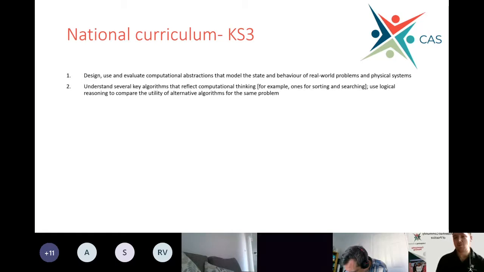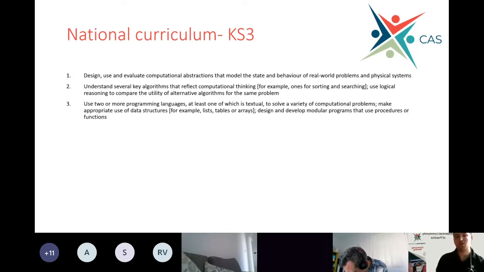Then the key algorithms: understanding searching and sorting and how those can be used, using logical reasoning to compare different algorithms for the same problem, giving them multiple solutions for one problem and getting them to talk about which is the better way to do it and why.